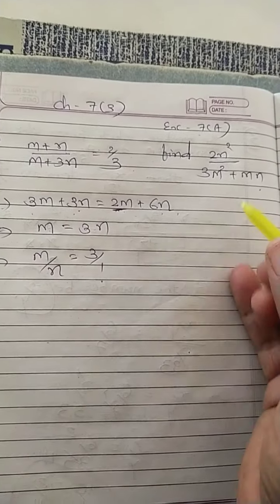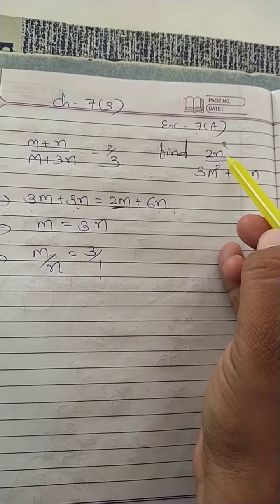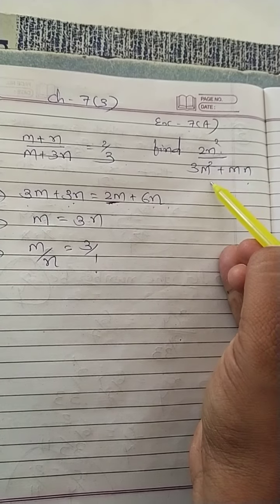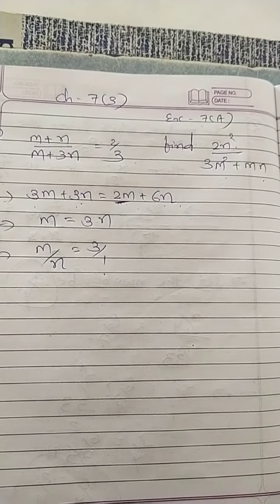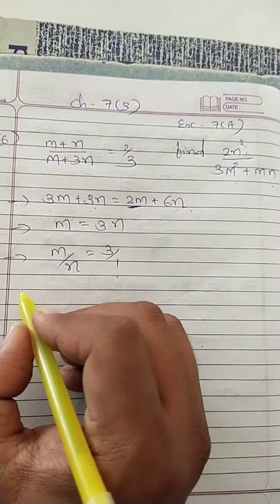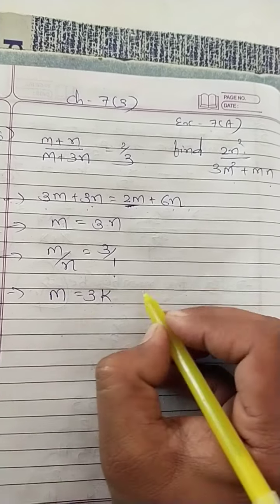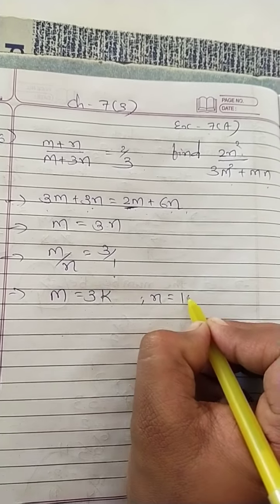Okay, so I can make the term 2n square upon 3m square plus mn into the form of m upon n, or I can replace the value. Let us assume that m is equal to 3k and n is equal to k.